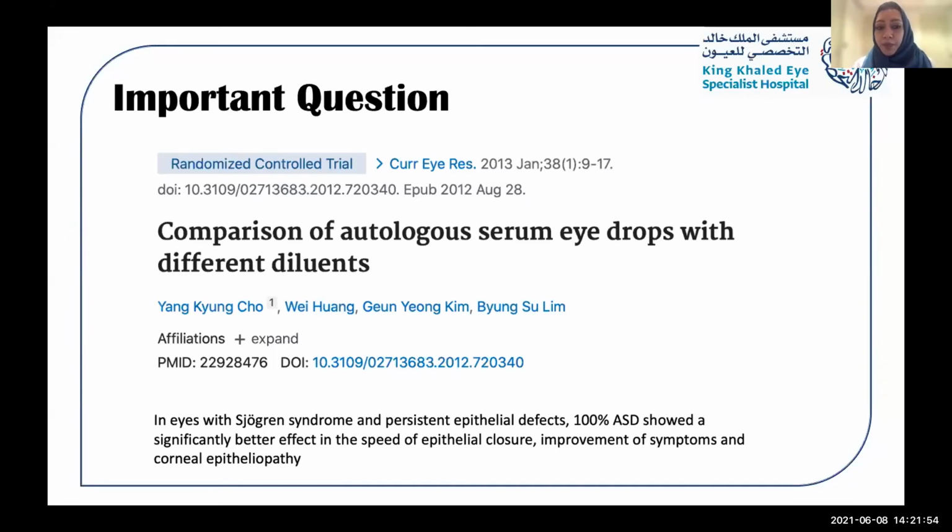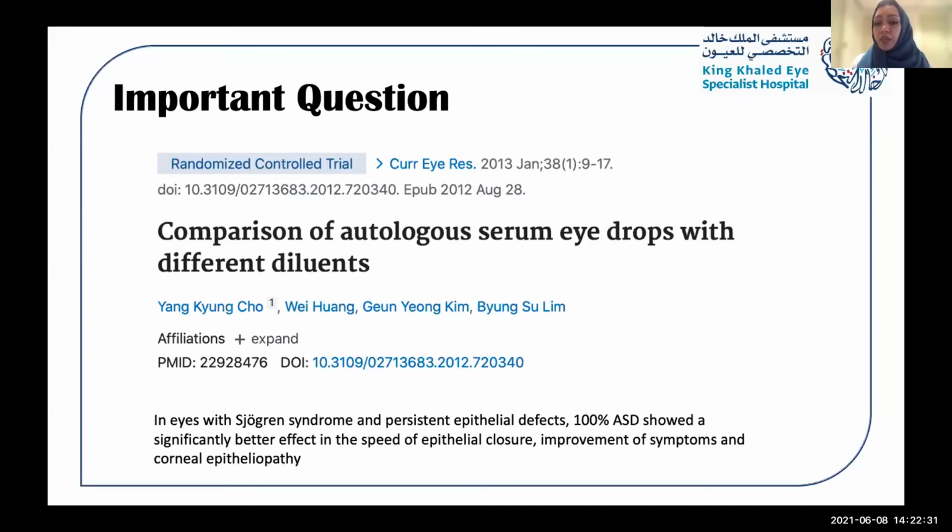In this study, it was a prospective study, and they got patients with Sjogren syndrome and persistent epithelial defect, and non-Sjogren syndrome. One group had 100% concentration of autologous serum, and the other groups had 50% concentration of autologous serum. And this 50% group was subdivided into 2 groups: the ones with the serum BSS diluent and the other one with the sodium hyaluronate.